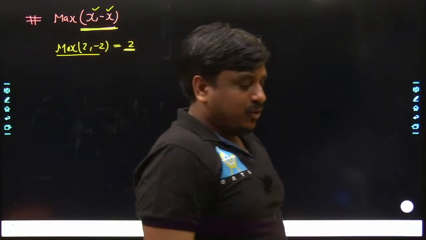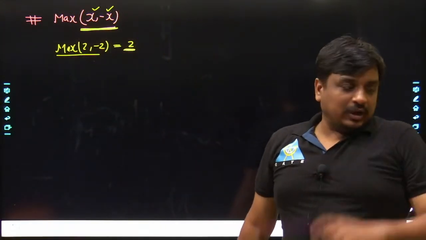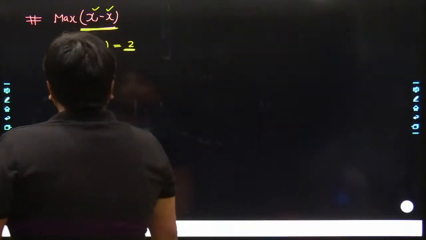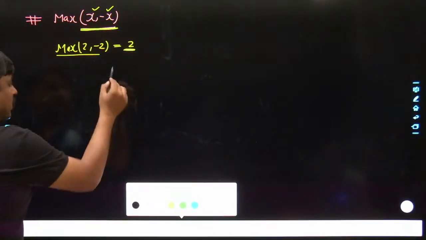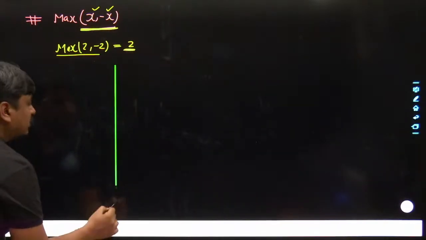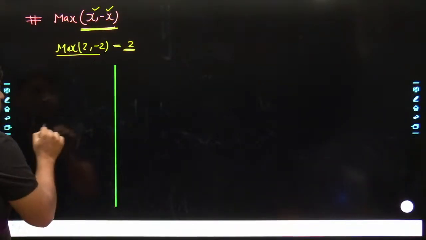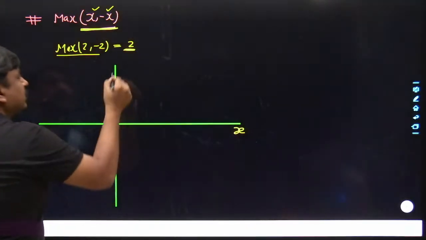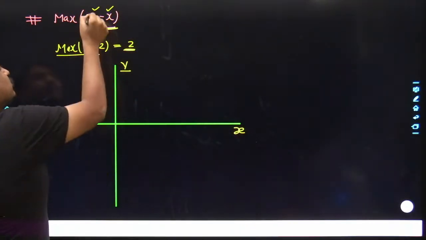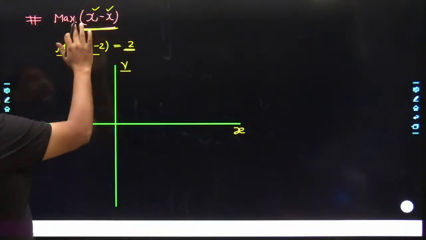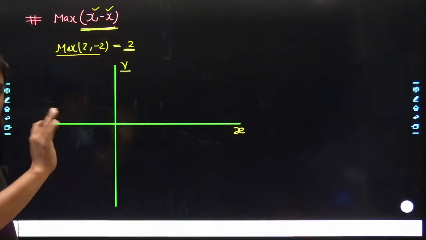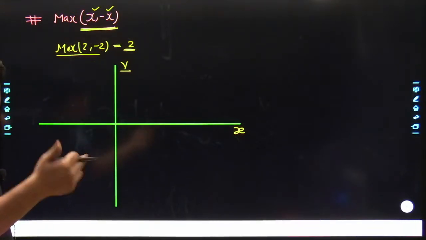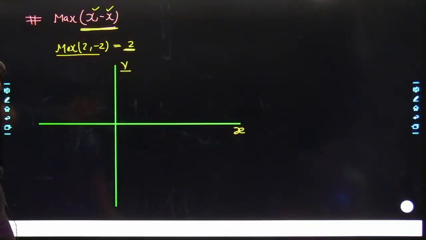Just wanted to ask from each one of you how this function would look. Max of x, comma, minus of x. If you observe this function carefully over the xy plane, it has the x-axis and the y-axis. Just focus on the first function first, which is x. May I know how x looks? Obviously, it is a straight line with slope equal to plus 1, crossing through the origin.